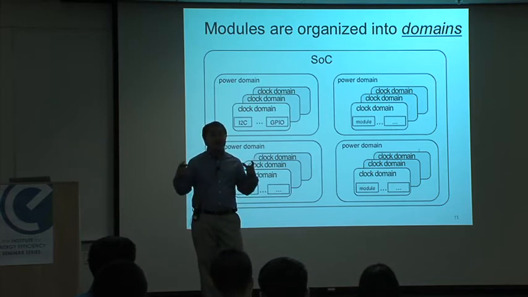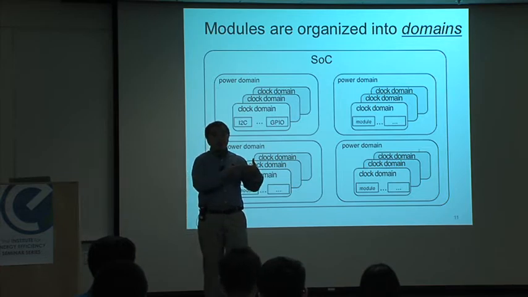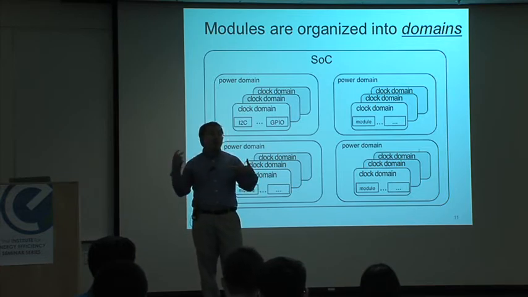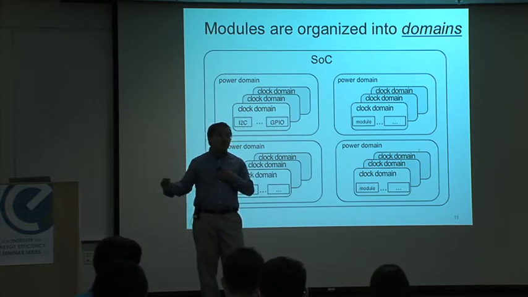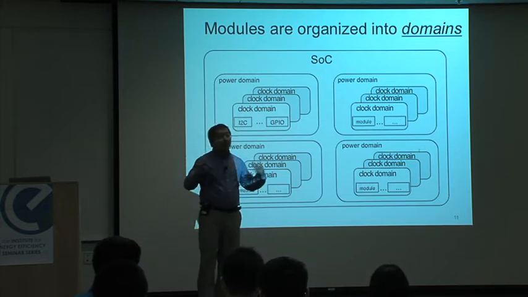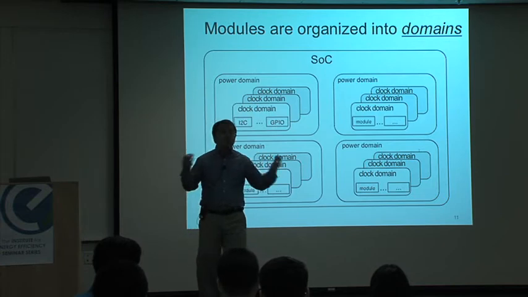That's called a clock domain, right? So you can gate the clock for each module, but when the clocks for all the modules in the clock domain are gated, you can shut down the clock source in that domain, which will result in additional power saving. Okay? And then multiple clock domains make up a power domain, right?